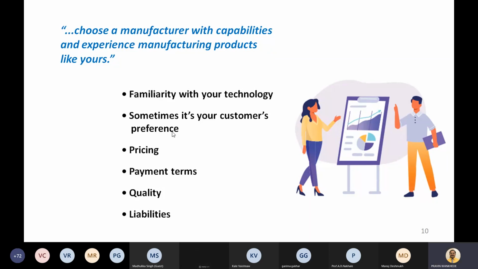Then the next point is that sometimes it's our customers' preference, because we know there are many critical applications in which the customer tells us that this is the specific component that you have to use in your application.